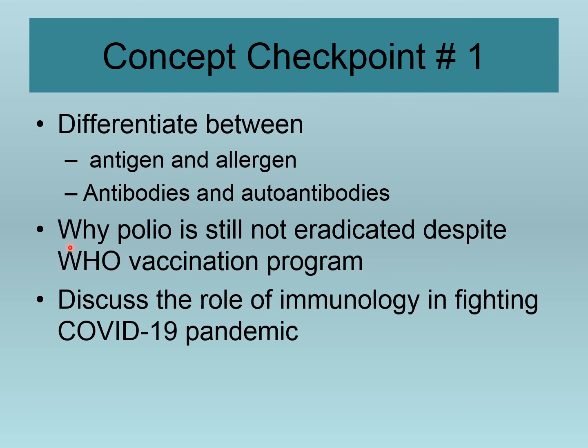Second question is why polio is still not eradicated from the world despite WHO vaccination program in many countries. Third, discuss the role of immunology and its uses in fighting the COVID-19 pandemic. Try to answer these questions. We will discuss the answer in our interactive section.